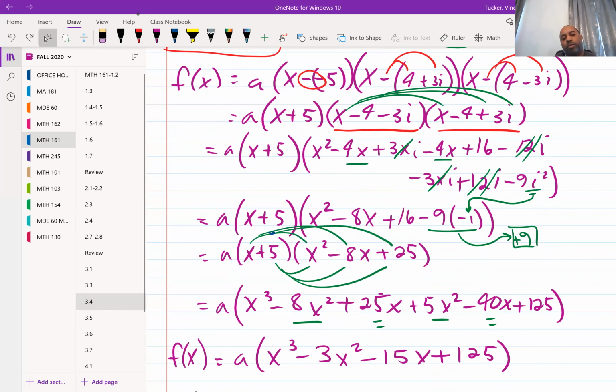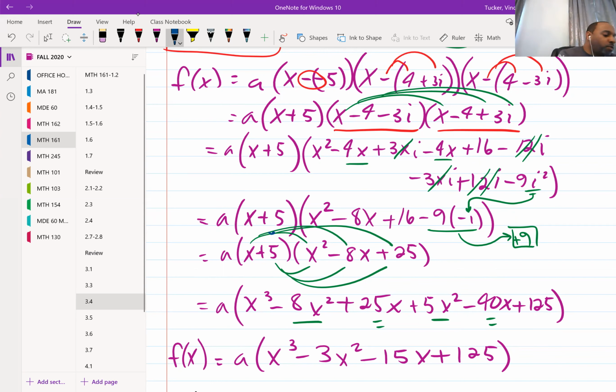And we have x cubed minus 8x squared plus 25x plus 5x squared minus 40x plus 125. Any problems?